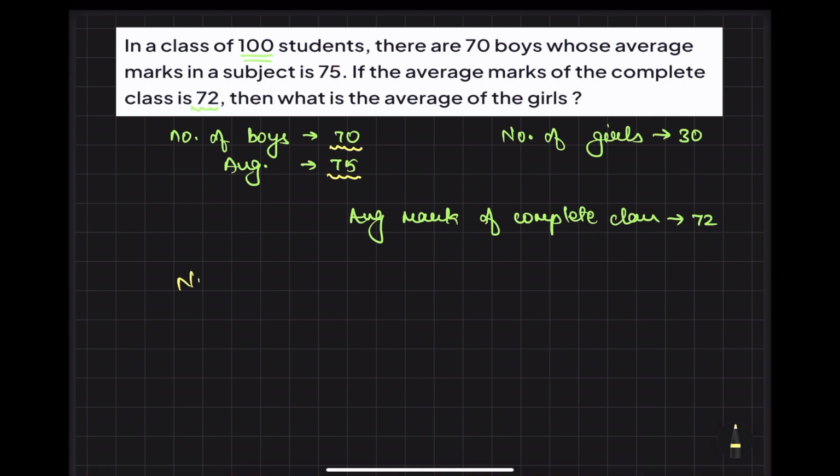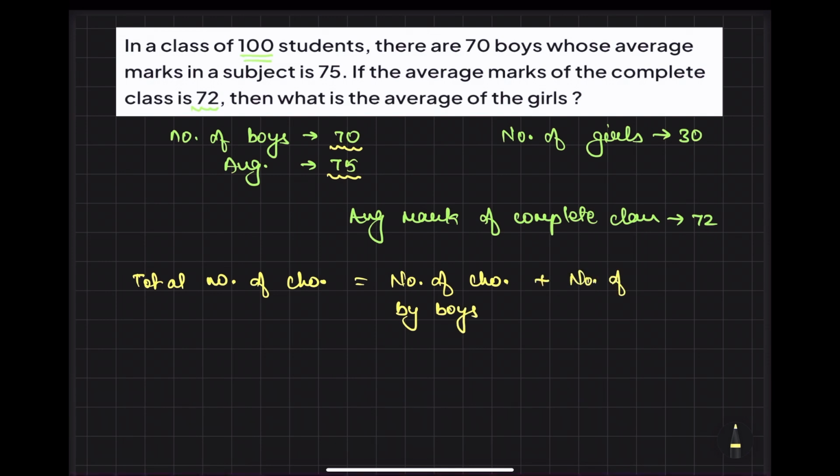Now can I write the total number of chocolates as number of chocolates by boys plus number of chocolates by girls.